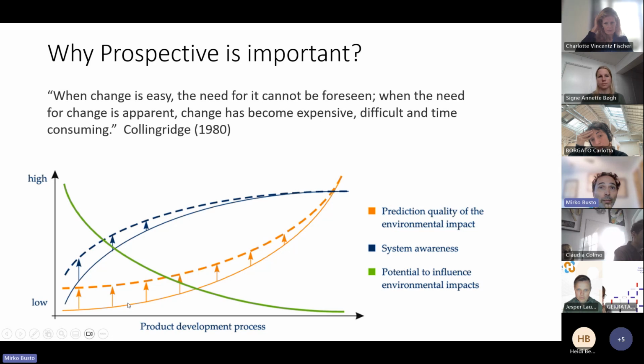But we have the highest potential to influence the environmental impacts. When we proceed into the development cycle at higher TRL, we know the system way better. We have an increased prediction quality, so we better define the environmental impact of our innovation, but we have very little potential. So it's what I've been saying for the whole presentation.